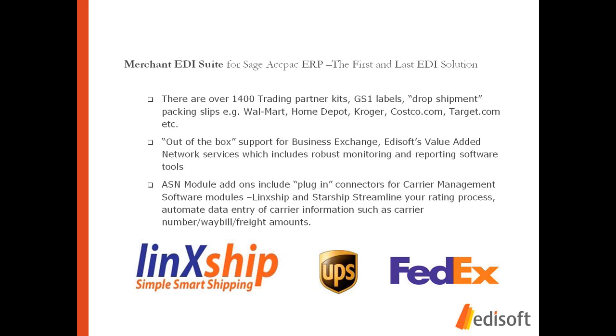In addition, we have support for Business Exchange out of the box, which is Edisoft's value-added network service, and includes robust monitoring and reporting software tools. Below are some logos from carriers that are currently supported through the carrier management application that connects with the Edisoft solution. Next slide, please.